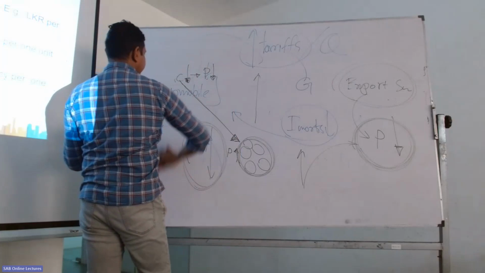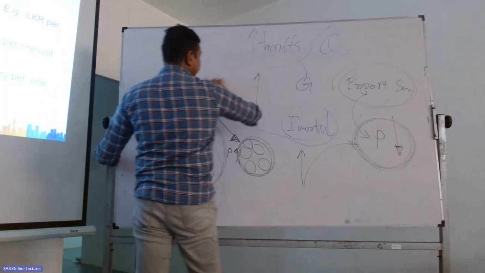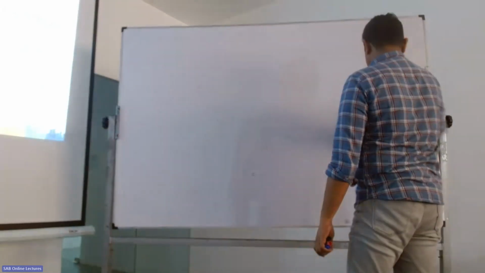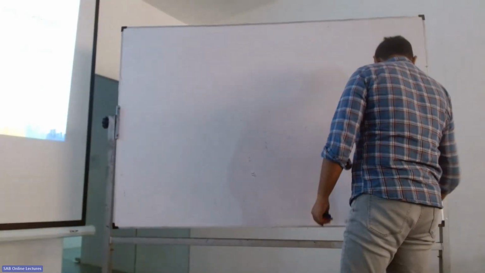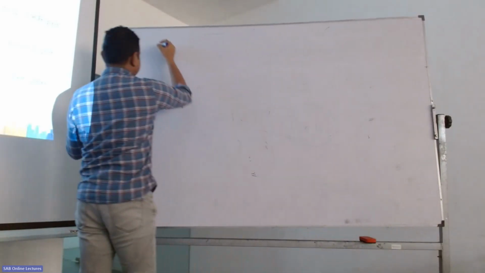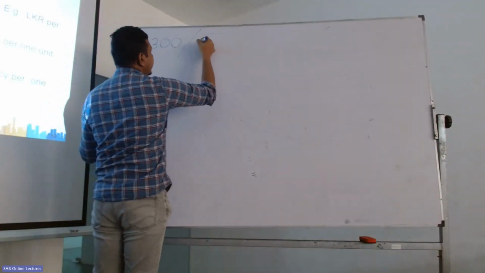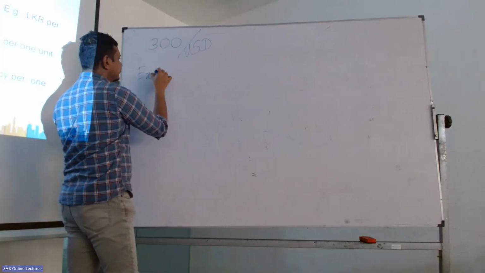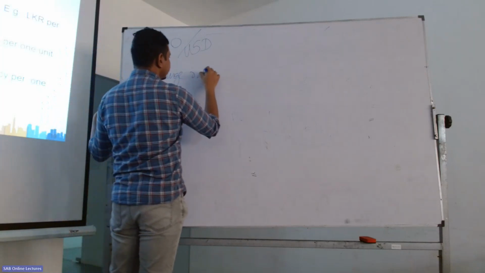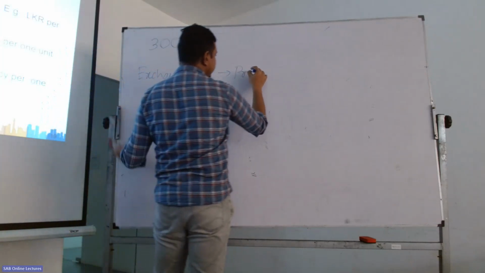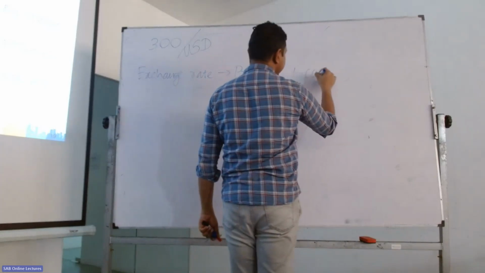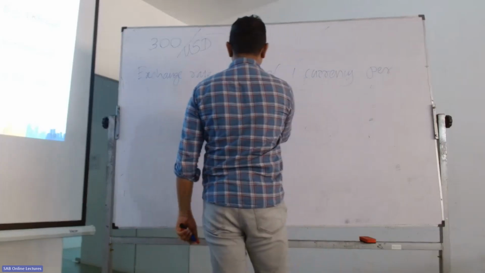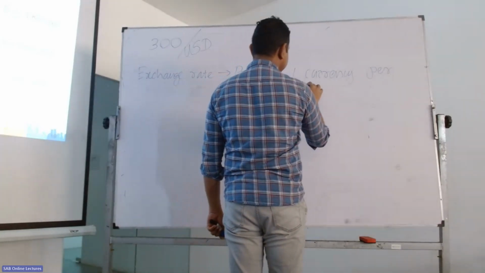What is the foreign exchange rate between USD and LKR? Let's say it's 300 LKR per 1 USD. The exchange rate is the price of one currency per unit of another currency.